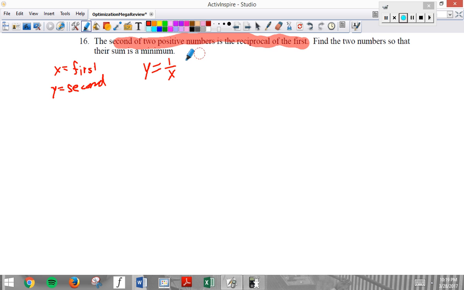Now, of course, that means the other relationship holds too. But I think a lot of people can't get there. So we want their sum to be a minimum. So the sum of those two numbers is x plus y. The new improved sum is x plus 1 over x. The domain for this function. So if they have reciprocals, it can't be 0. Also positive.